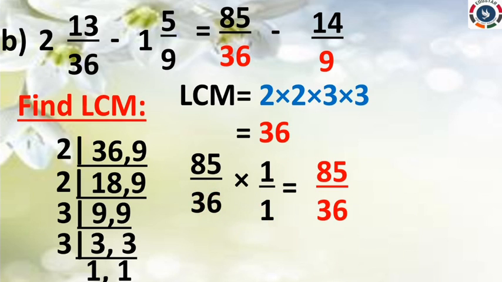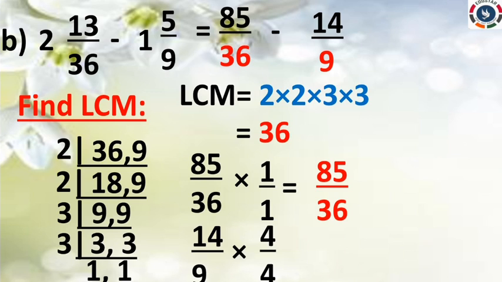So 85 by 36. And second fraction, 14 by 9. You take and write. Now what do you multiply by 9? You will get 36. You think about the ninth table. 1 9 is 9, 2 9s are 18, 3 9s are 27, 4 9s are 36. You get now, so you want to multiply by 4 by 4.